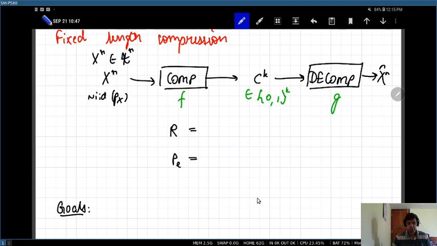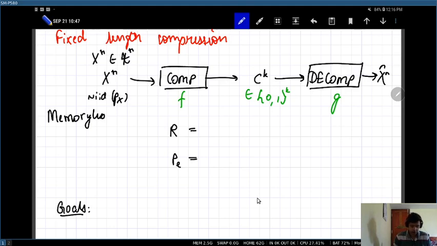We'll see how to solve this completely. Right. So such a source, where the file xn is independent and identically distributed, is sometimes called a memoryless source. So our goal is to come up with these algorithms, compressor and decompressor.